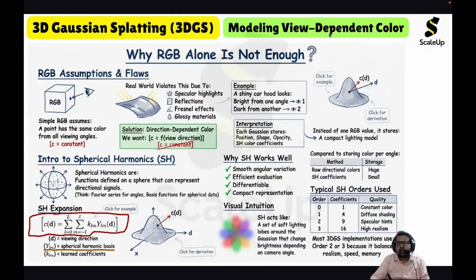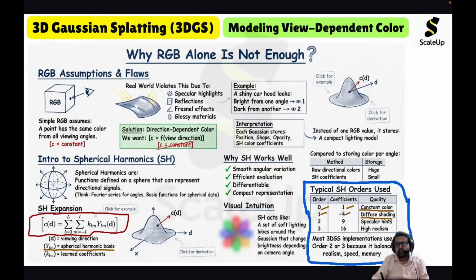In order to understand this properly, you should refer to this table. If the degree is 0, it means constant color, no variation at all, with only one coefficient. If the degree is 1, we will have four coefficients that decide the color, giving us diffuse shading.